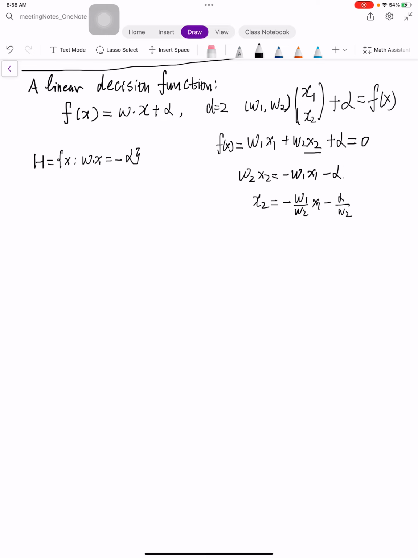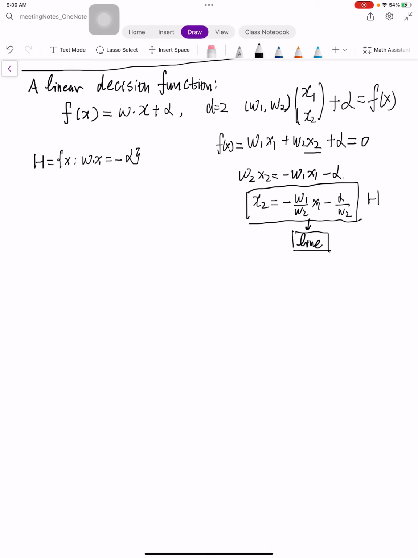Okay, so this is our decision boundary H. This is a line. But if we have d greater than 2, this will be a hyperplane.